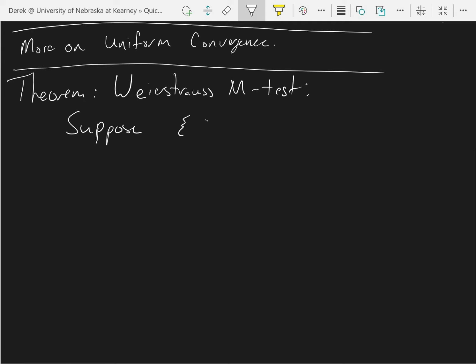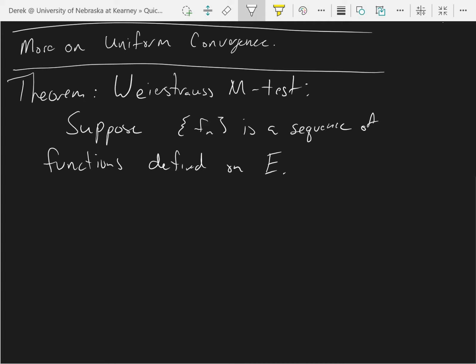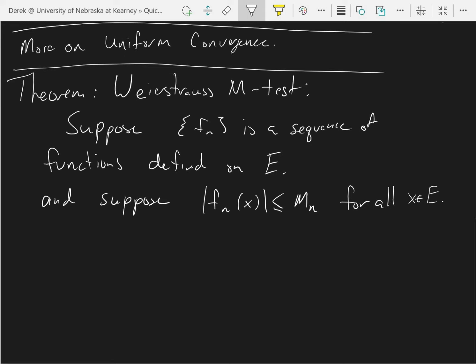Suppose f sub n is a sequence of functions defined on a set E, and suppose that f sub n of x in absolute value is less than or equal to M sub n for all x in E. Okay, so I've got a bound, a capital M sub n, a bound for f on its entire domain for each of the n's.